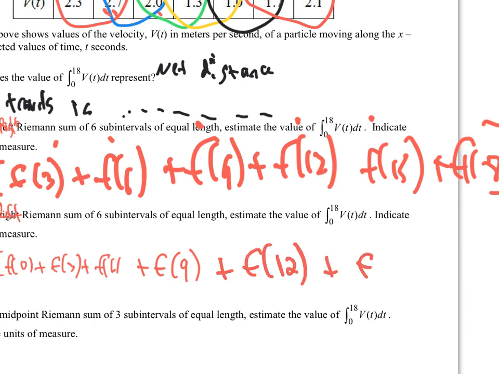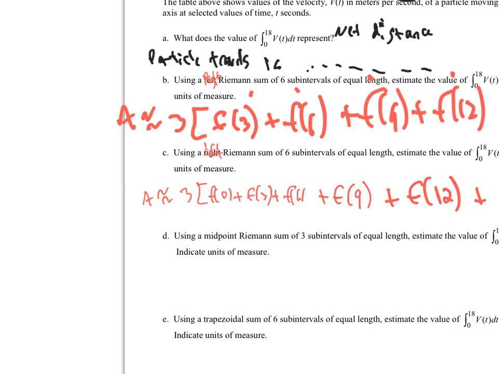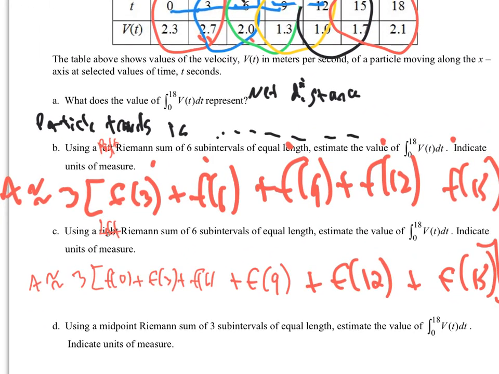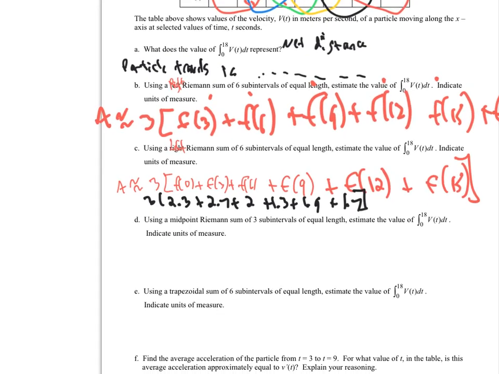And f of 15 would be the last one this time because it shifted over. So the only difference is now the number starts at 2.3. 3 times 2.3 plus 2.7 plus a 2 plus 1.3 plus 1.9 plus 1.7. I'll let you do the adding up.